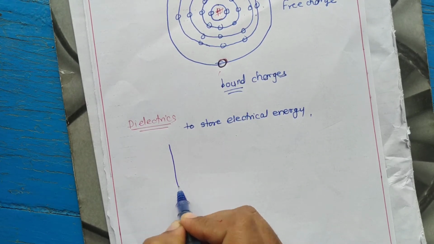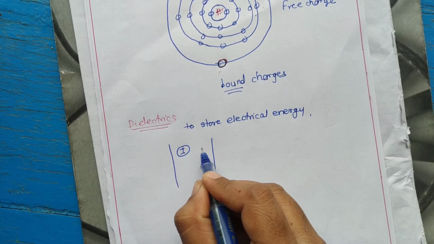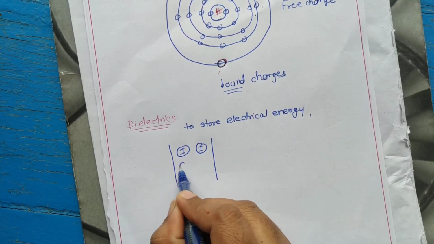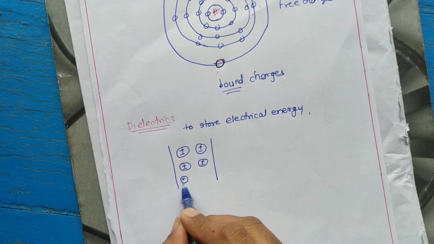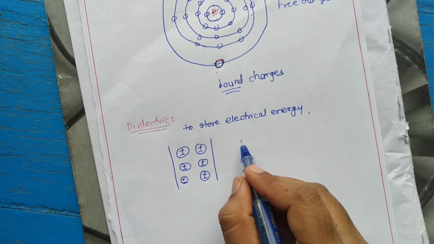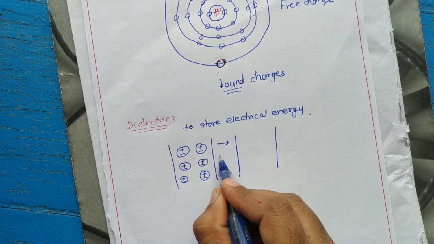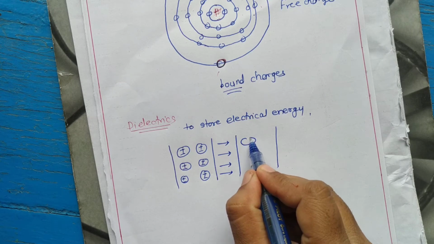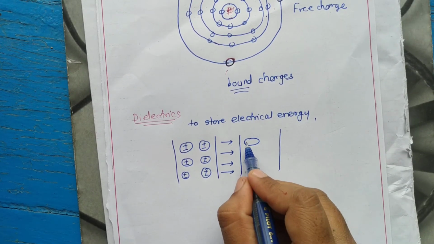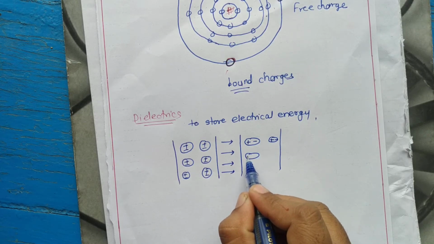Suppose this is the dielectric, a non-polar dielectric, with positive and negative charges. If we apply an electric field to this dielectric, then their positive and negative charges get separated.